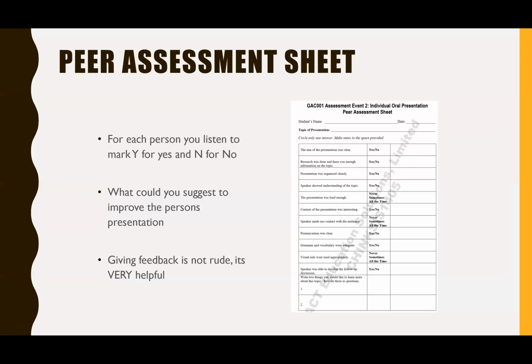You might say that they were very boring because of their tone of voice, that they didn't use a range of tones to differentiate between areas. You might say that it was organised in a bit of a complicated way and that maybe they need to organise in a little bit simpler way. All of this will be very helpful to the speaker.